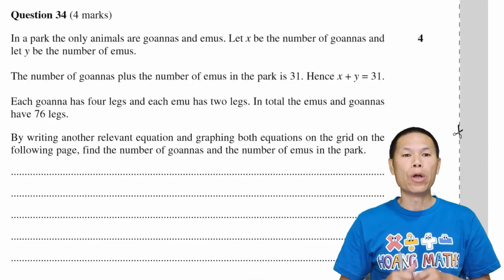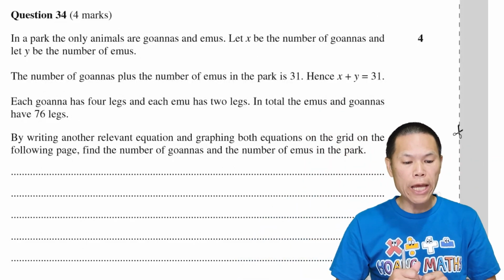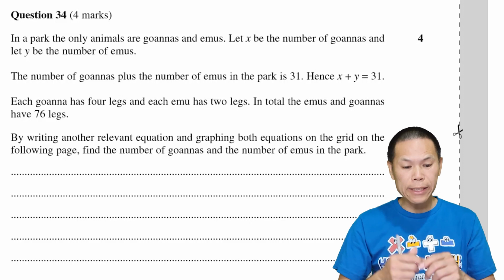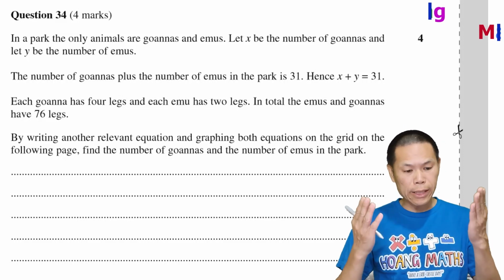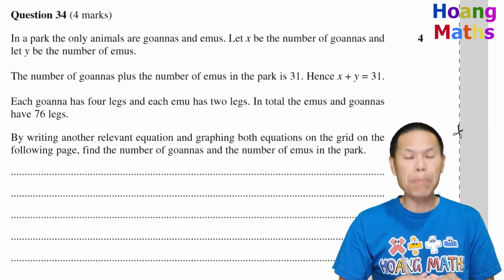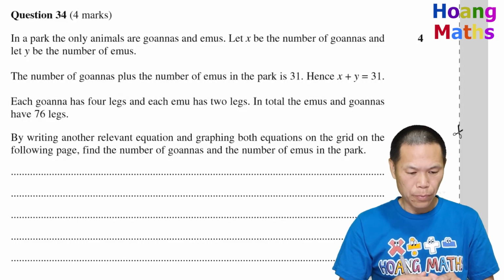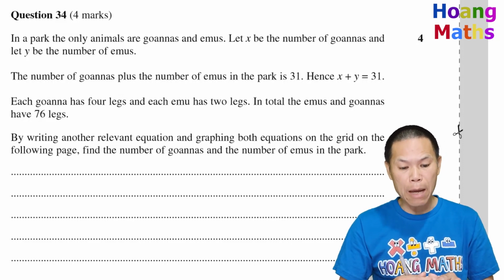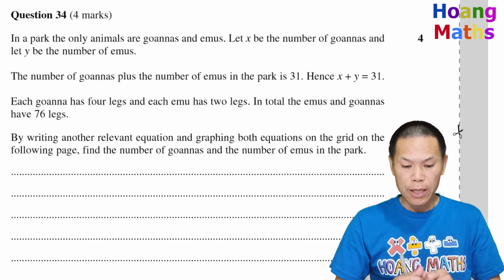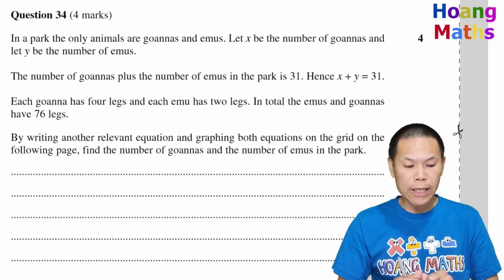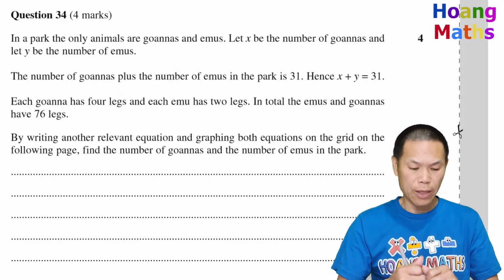Question 34. In a park, the only animals are goannas and emus. Let x be the number of goannas and y be the number of emus. The number of goannas plus the number of emus in the park is 31. Hence, x plus y is 31.